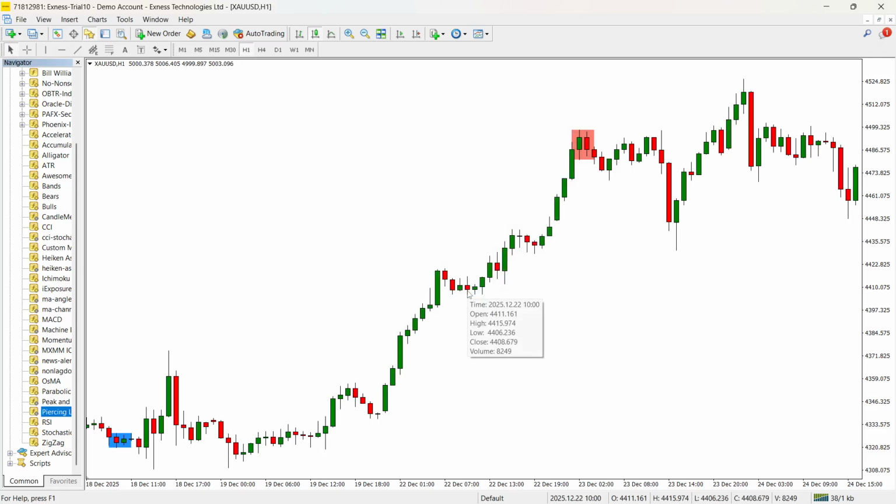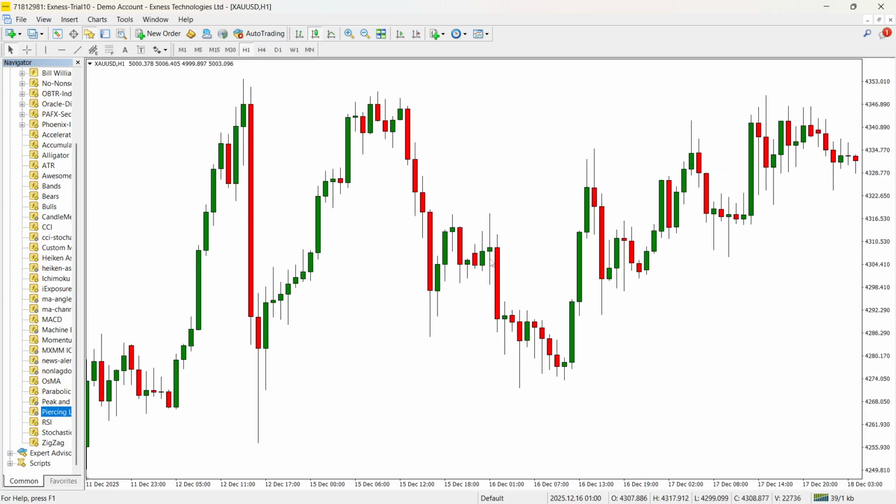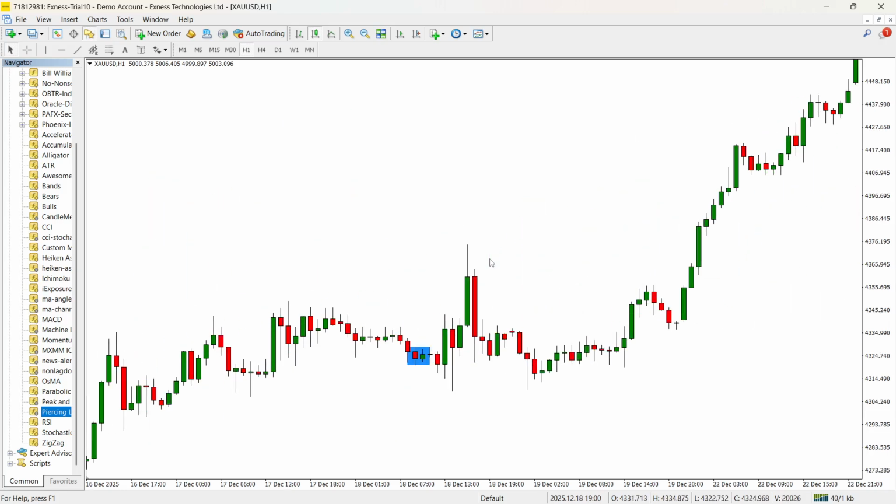On the chart, the piercing line indicator detects and marks the piercing line candlestick pattern directly on the MT4 or MT5 price charts. The piercing line is a two candle formation that appears in a downtrend.